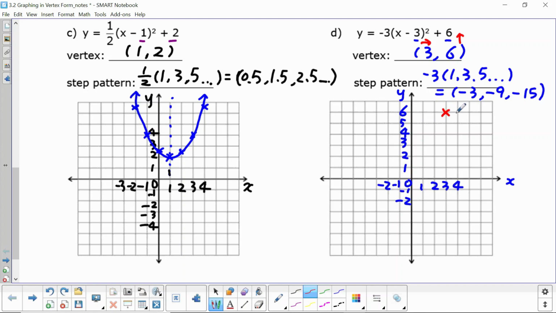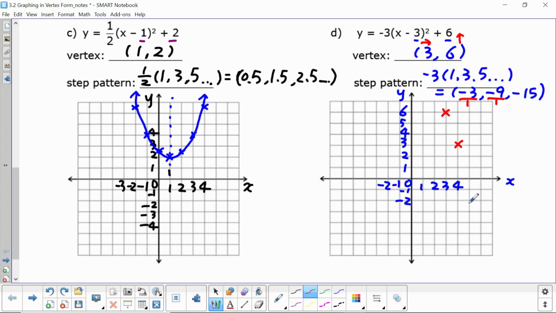Then right 1, down 3: the slope is -3 over 1, so right 1, down 3. Then this is a slope of -9 over 1, so right 1, down 9.